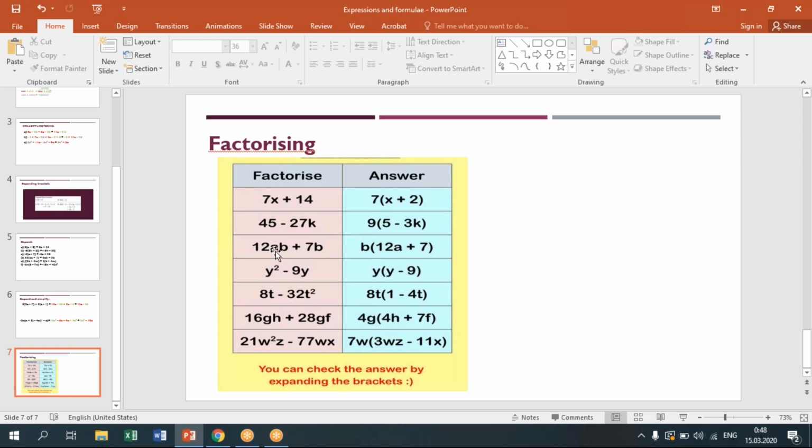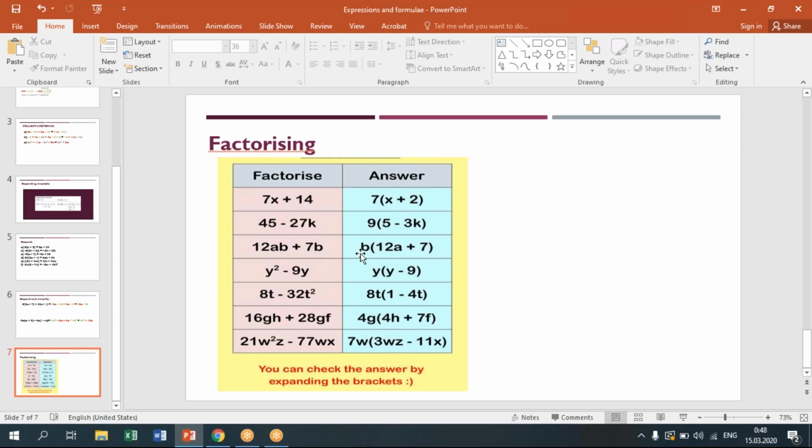Third one, 12ab plus 7b. 12 and 7. We don't have any common factors for them. They're coprimes. So that's why we have to look at the letters. Do we have common letters? Of course we have. In the first one, b, and in the second one, b.